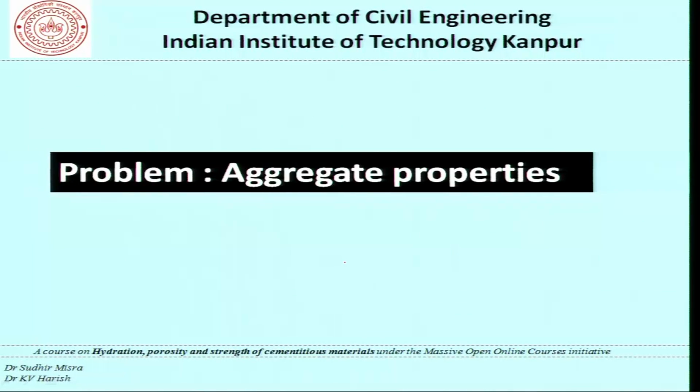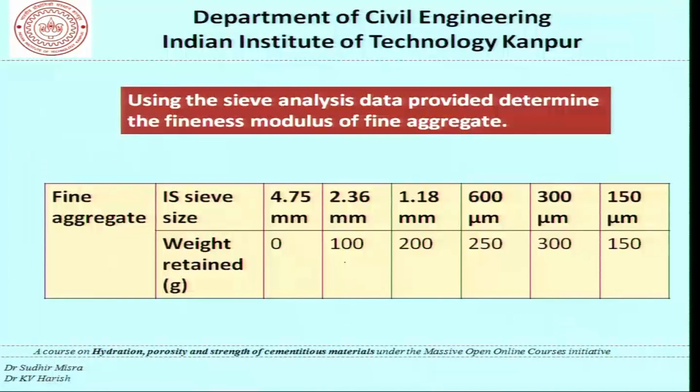Now, coming to another example, let us talk of aggregate properties which we have talked about in this course. Using the sieve analysis data provided, determine the fineness modulus of fine aggregate. Now, there is fine aggregate, and here we have given you some data for the weight retained on different sieve sizes.